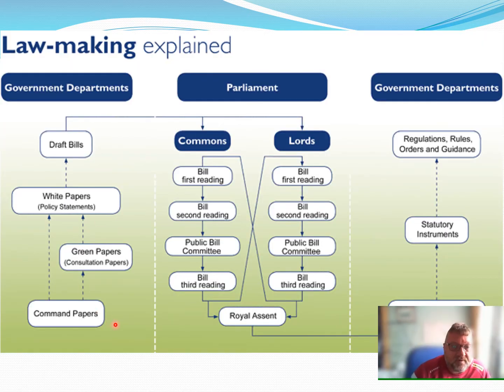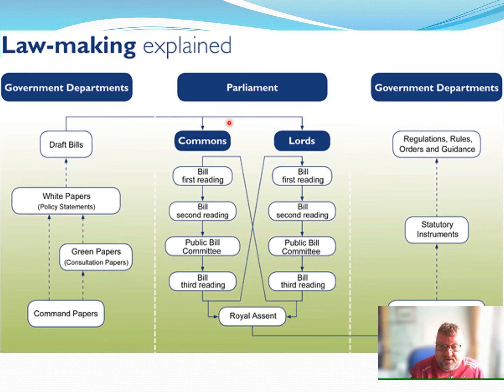So here's what you need to know. In general, we start off with a green paper. We move to a white paper. Notice you can start with a white paper. And then we draft the bill. Now the bill can either go to the House of Commons or it can go to the House of Lords. It doesn't matter which, but it starts in one of these two.